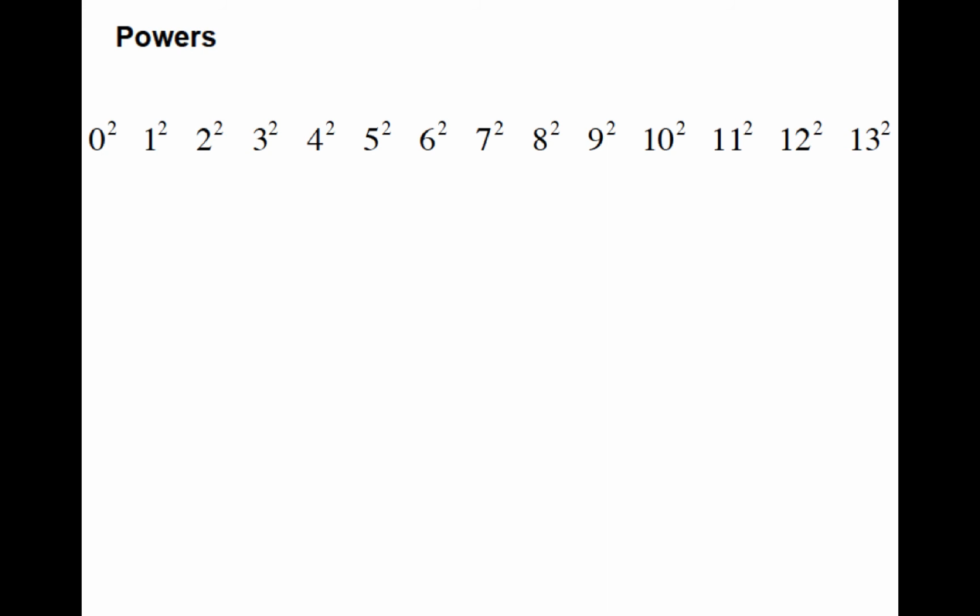Okay, for the next page here, we have to figure out what all of these values are, so we are able to find the square root, the cube root, the 4th root, and all of that.